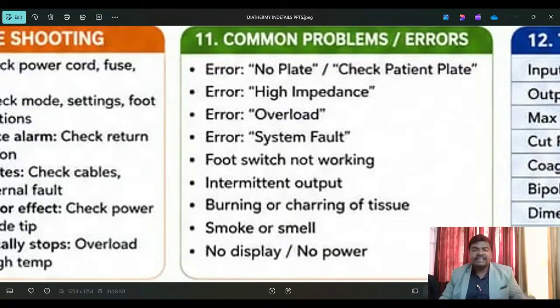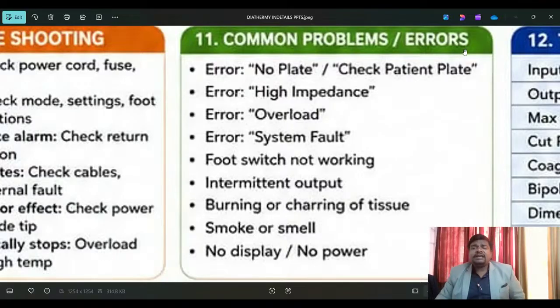If you need more features, it will cost more. Depending on features and requirements, the expense will be high. If you want nearly the best diathermy, it goes to 1 to 2 lakhs, and you will get excellent features.